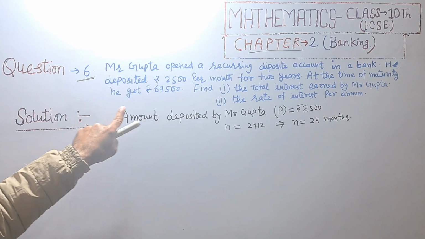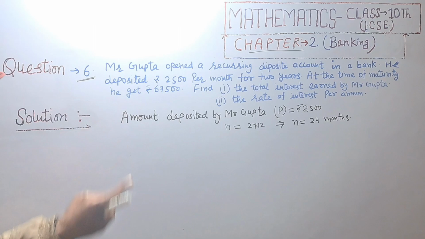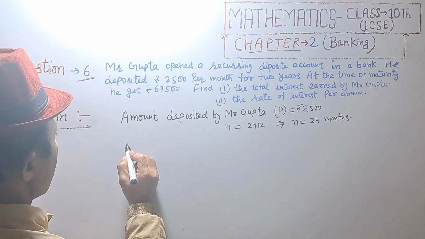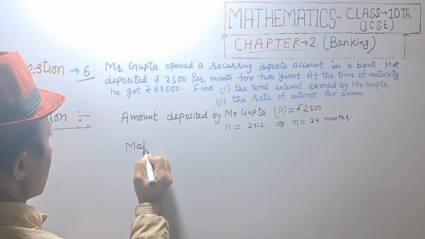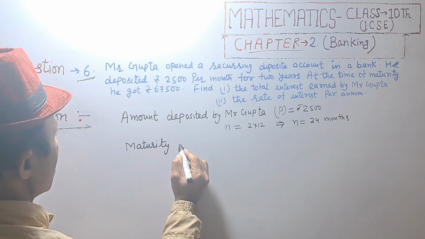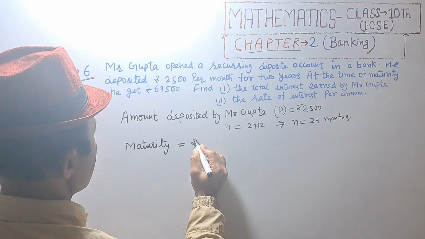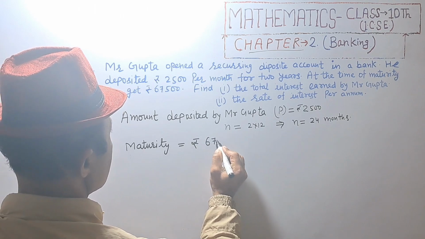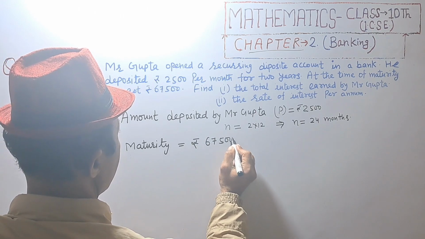And at the time of maturity, the amount is equal to rupees 67,500.